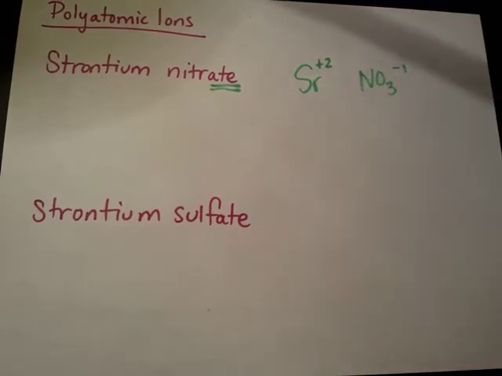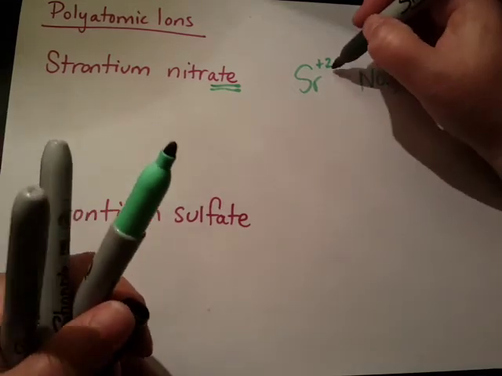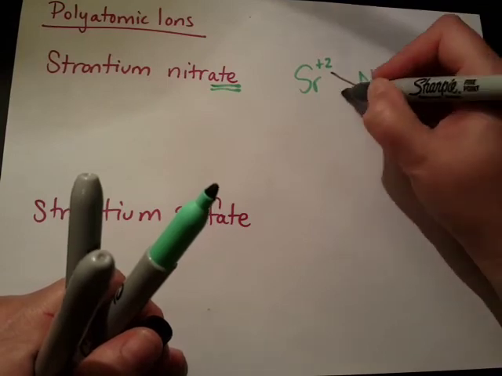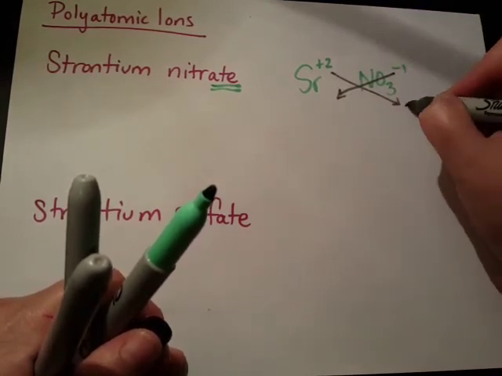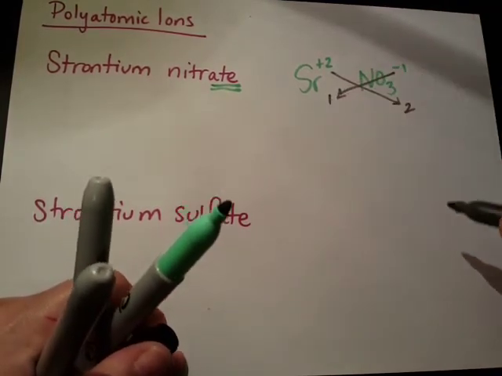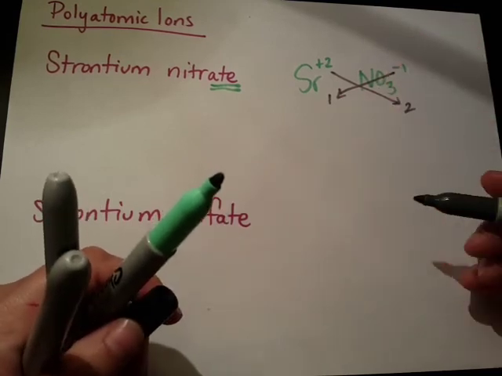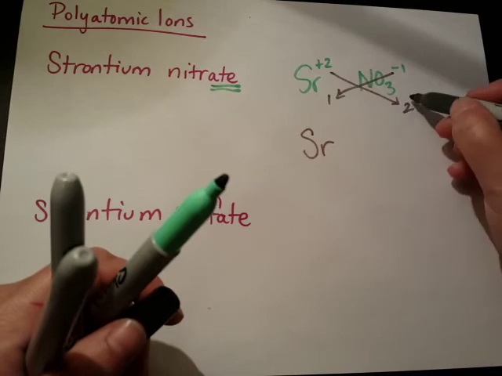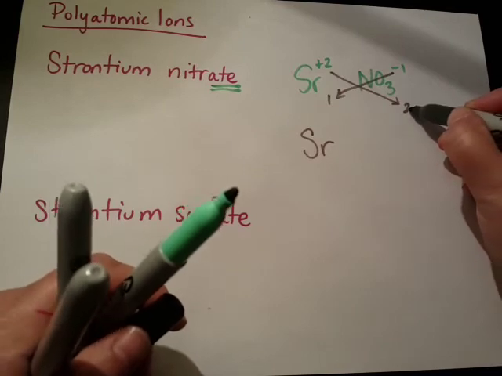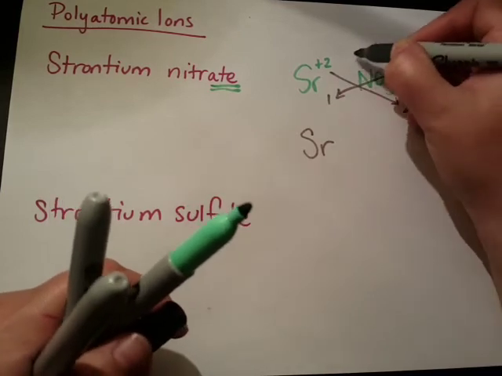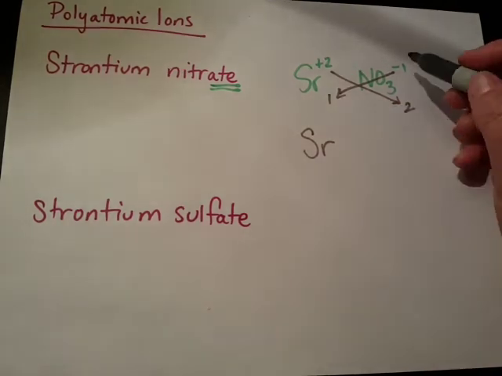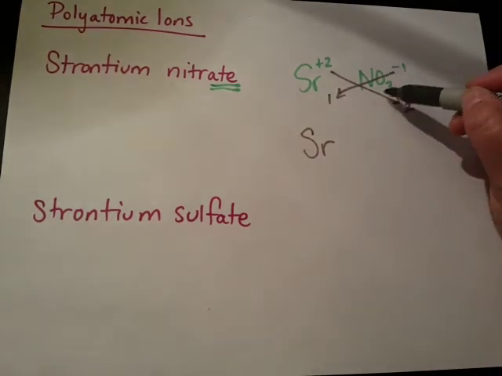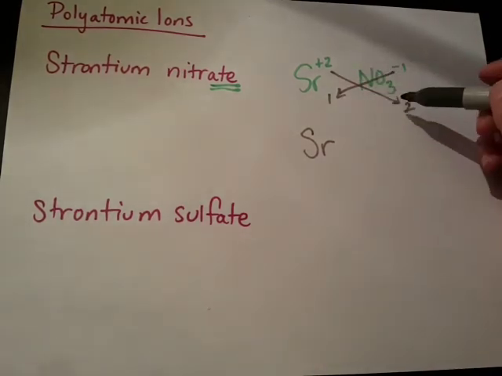In terms of creating its formula, we're going to crisscross. And then when we're rewriting, we'll leave that 1 out. But this 2 needs to work on the entire polyatomic ion. So more than one element is part of this particle, but it works as a whole.